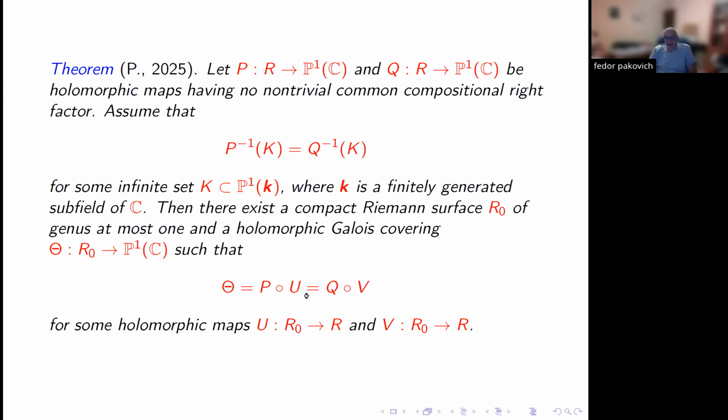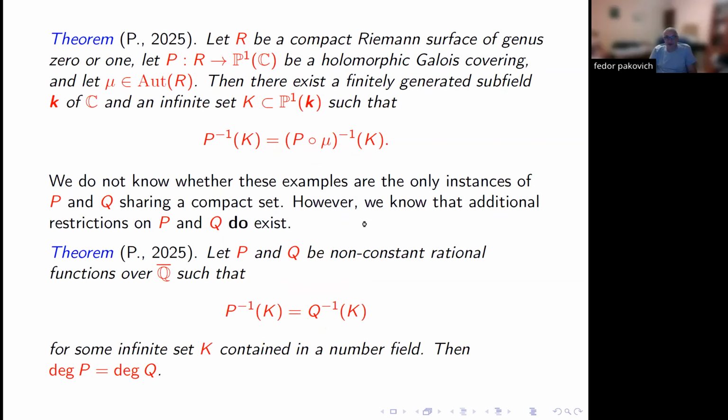The answer is not known to me. But what is interesting is that, using completely different techniques, it is possible to show that these conditions are not sufficient, in the sense that we have some other restrictions.